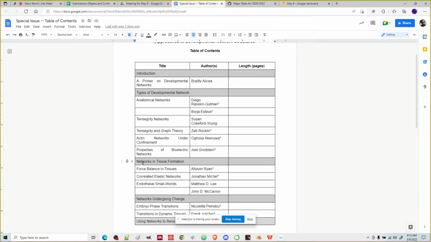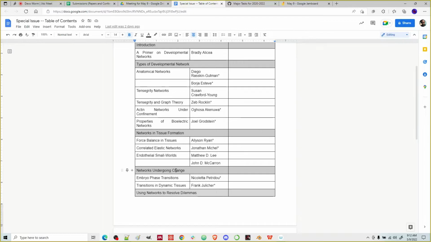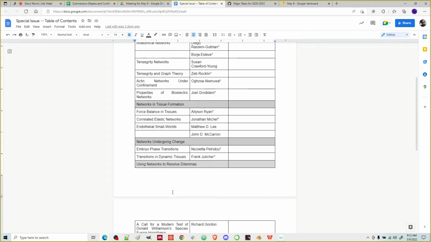Then a couple of special sections. One is networks and tissue formation. That might be a good topic to zero in on. Another topic might be networks undergoing change. So maybe the dynamics of networks, phase transitions, other types of transitions in tissues.